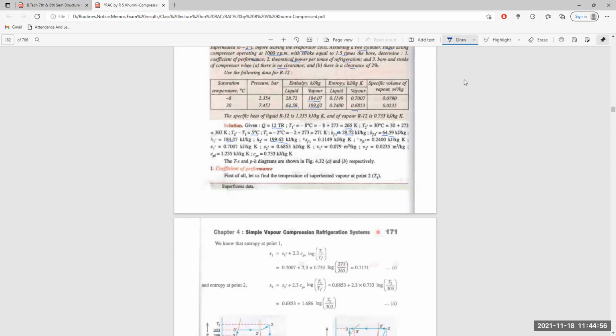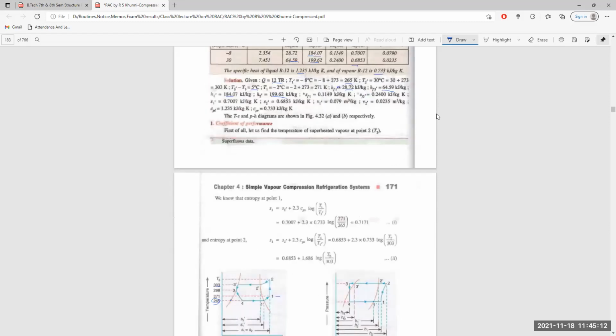And CPV, the specific heat of the liquid refrigerant, is given as 1.235, and that of the vapor refrigerant is 0.733. So the specific heat of the vapor refrigerant will be used between 1 to 1 dash when it is in the vapor stage, and 2 to 2 dash, and is given as 0.733.